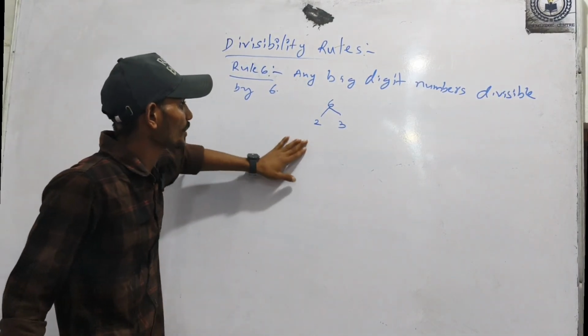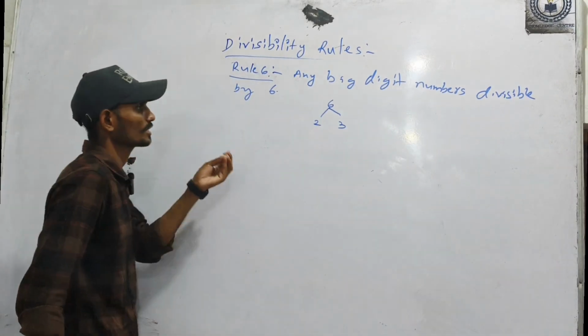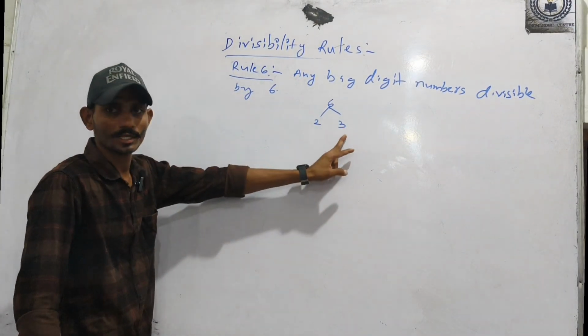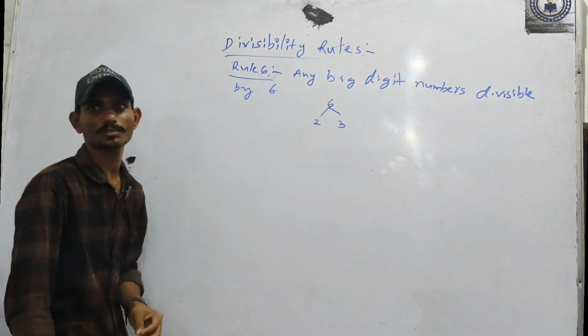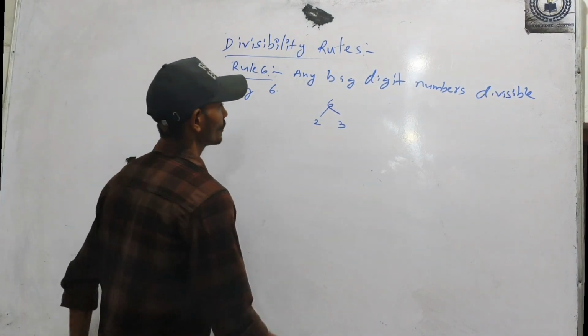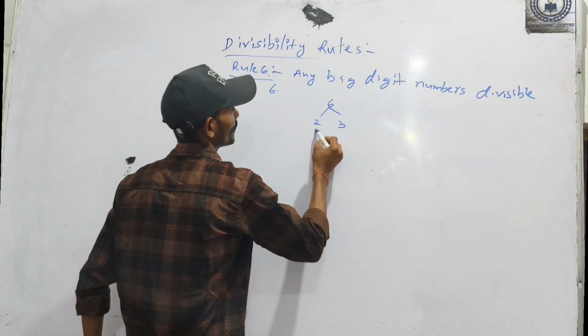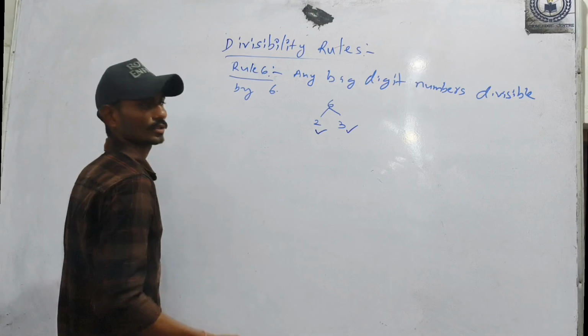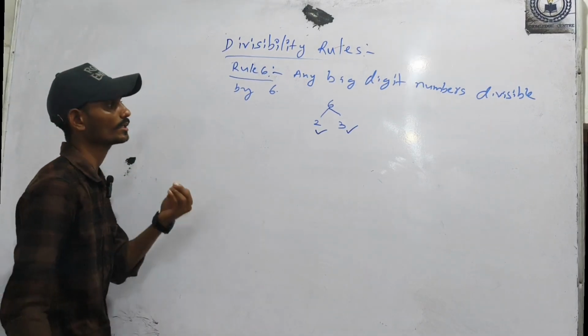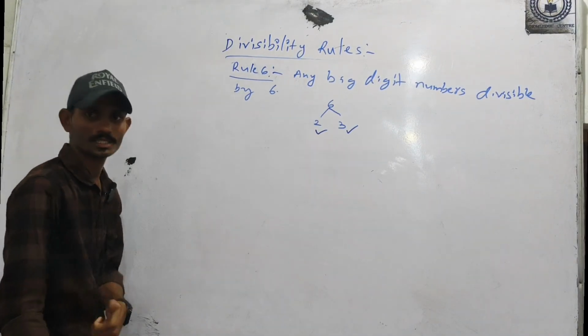When the application of rules 2 and 3 is possible, then that number is also divisible by 6.